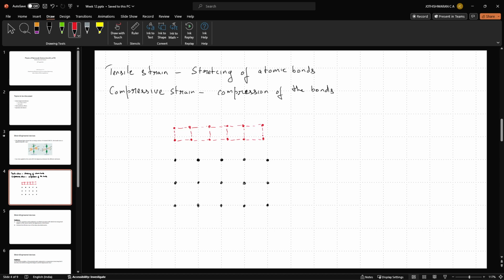In reality, these will be a lattice, and whichever plane of this material is being exposed, deposition will take place accordingly. So here again, we will have our bonds.